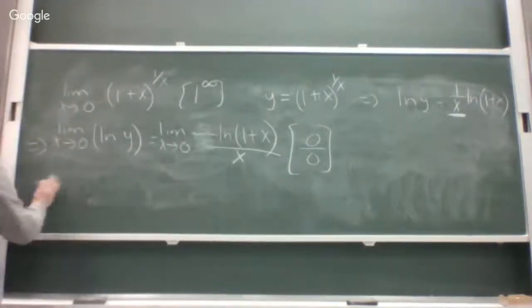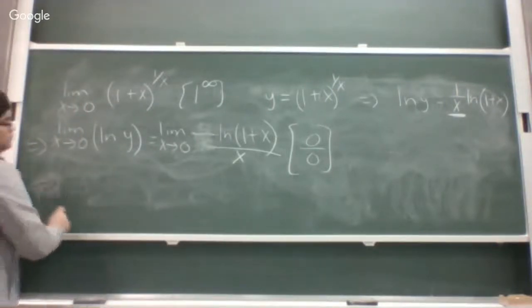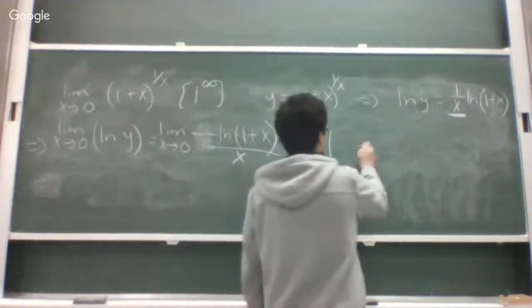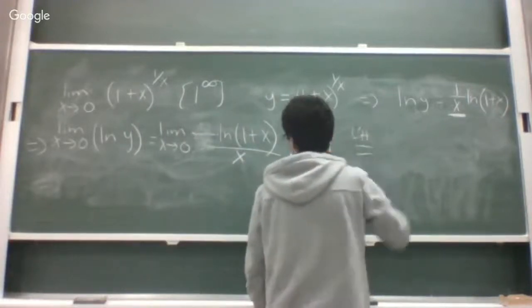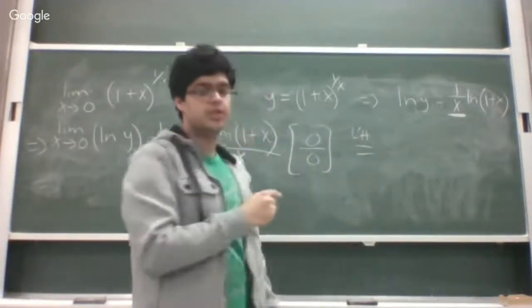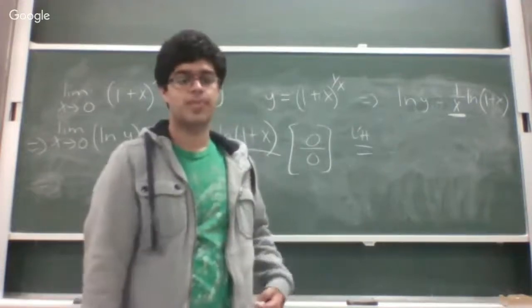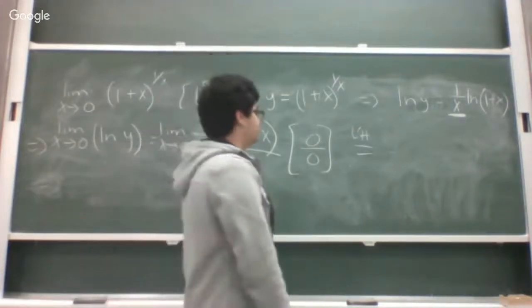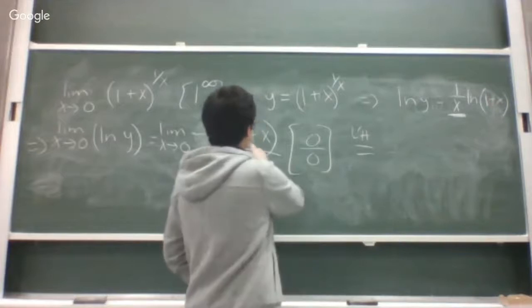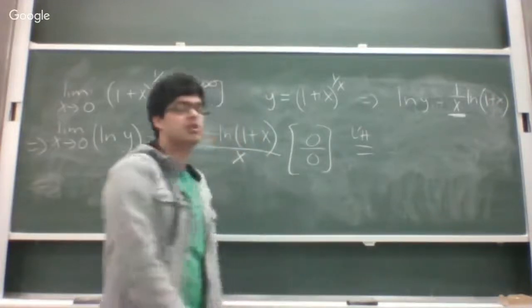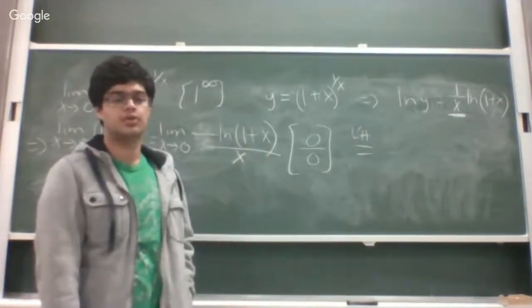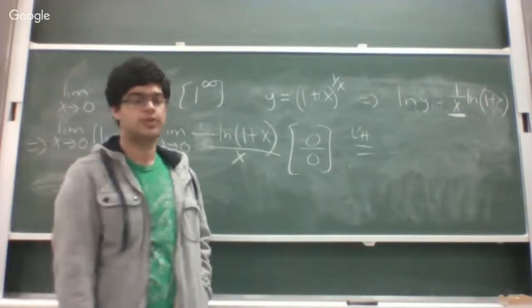So we can just do L'Hopital's. We need to take the derivative of both. What's the derivative of the natural log of 1 plus x? 1 over 1 plus x.